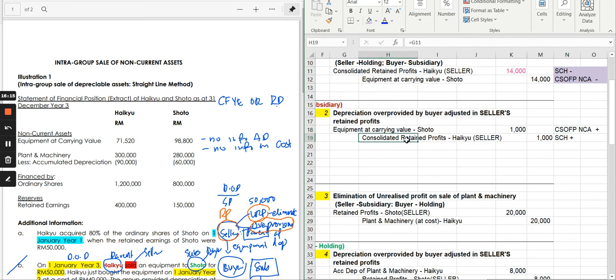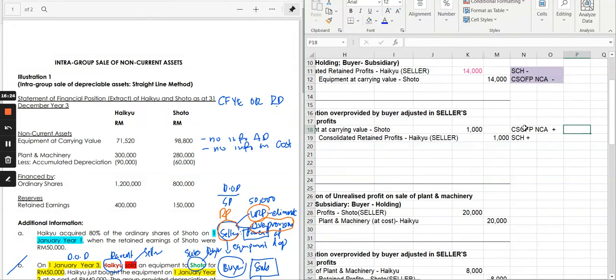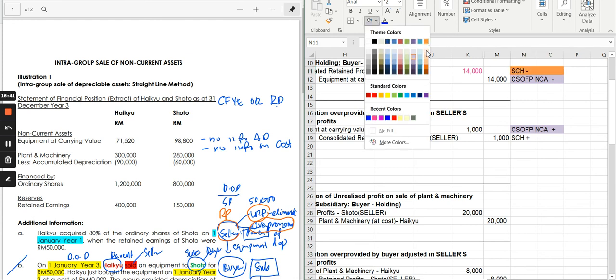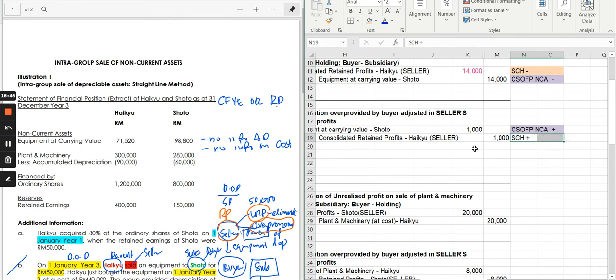So you will credit the retained profit to reduce the over provision of depreciation, 1,000, and that has to be adjusted by adding it back to the equipment, which is the non-current asset. When you debit, that means you are adding back the item. Okay, here you are going to add to the schedule.